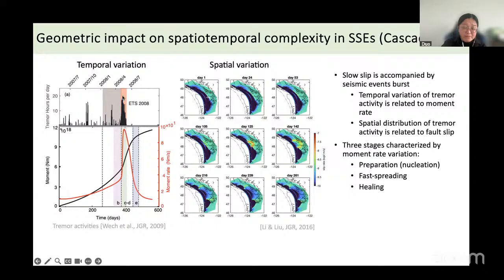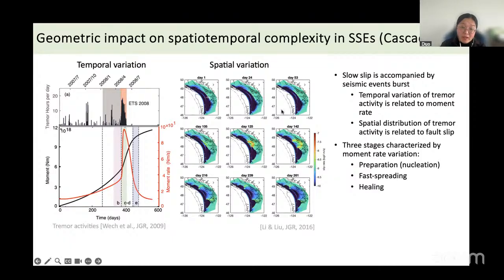In this red shaded region, which we call the acceleration phase of the slow slip, there is unstable slip that releases the moment very rapidly.